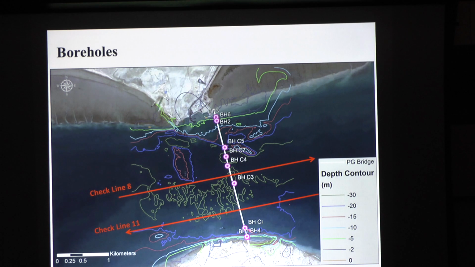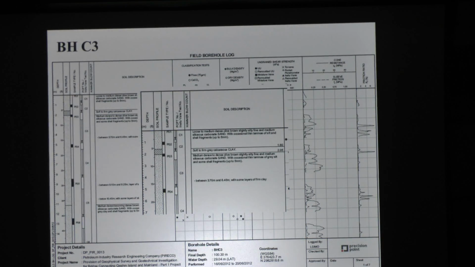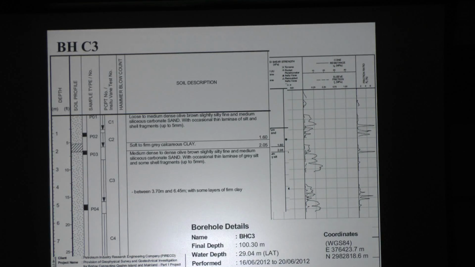And these are boreholes in the area, and this is the result. If you see here, we have sand on the top and a film of clay beneath it, and again we have sand.